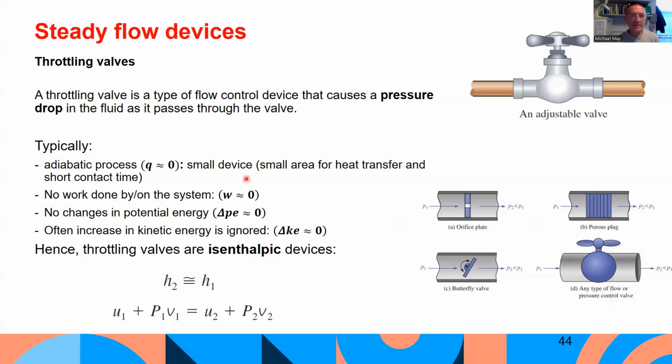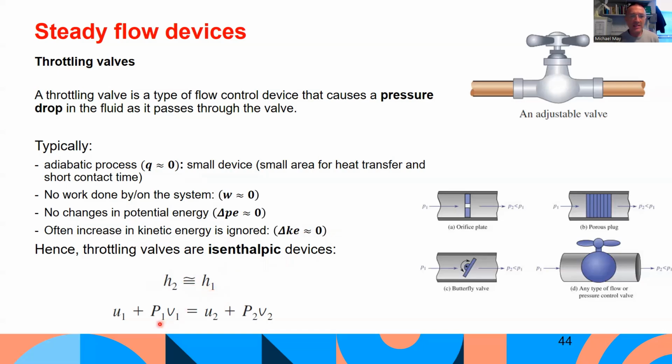So once again, it's regarded as an adiabatic process because there's no significant heat transfer in or out, since the fluid is moving through the system. No work is done by the system, no moving parts as such, no change in potential energy, and the increase in kinetic energy is also ignored. So it's what we call an isenthalpic device. The enthalpy on one side of the valve is the same as the enthalpy on the other side of the valve.